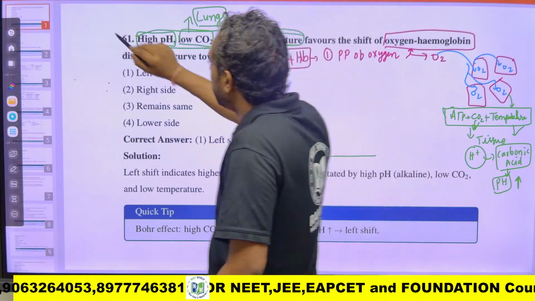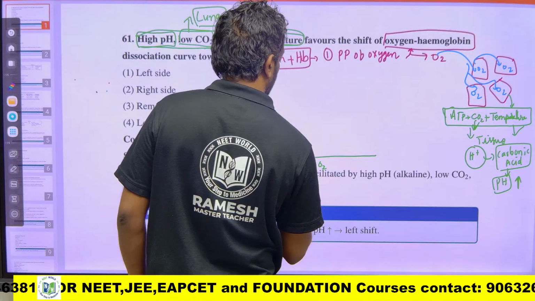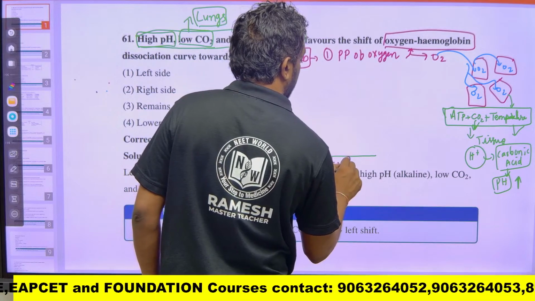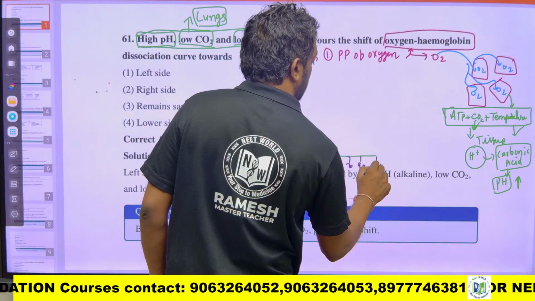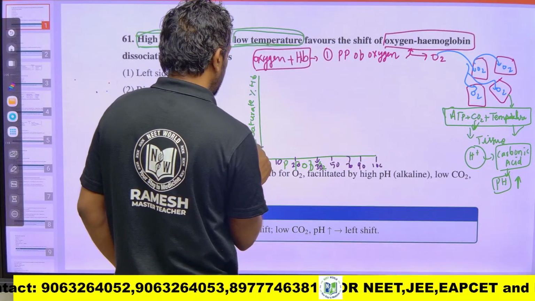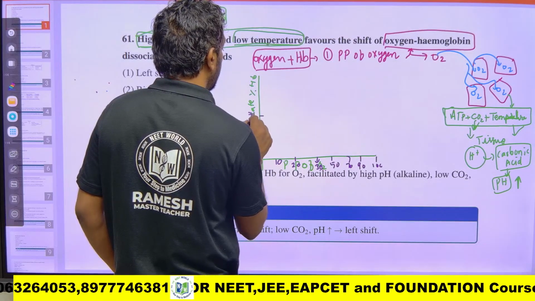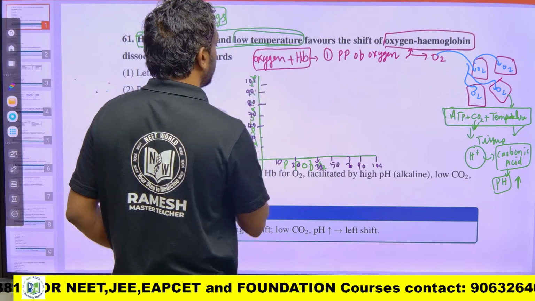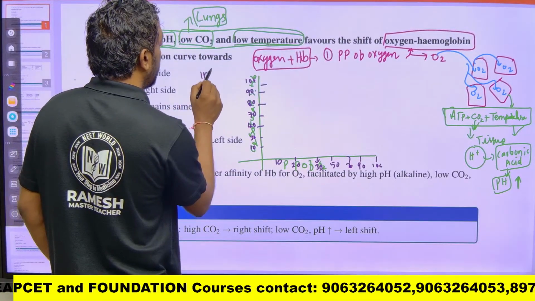As partial pressure goes from 10, 20, 30, 50, 70, 90, to 100, the hemoglobin saturation rises.